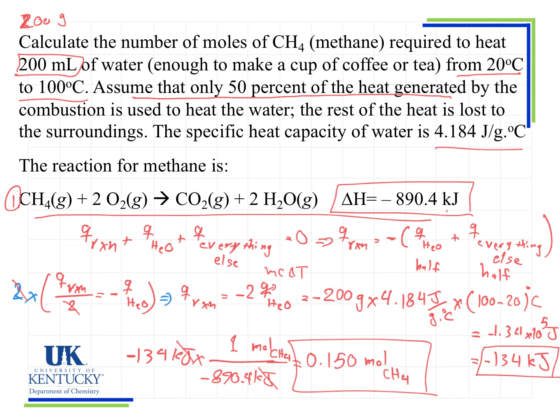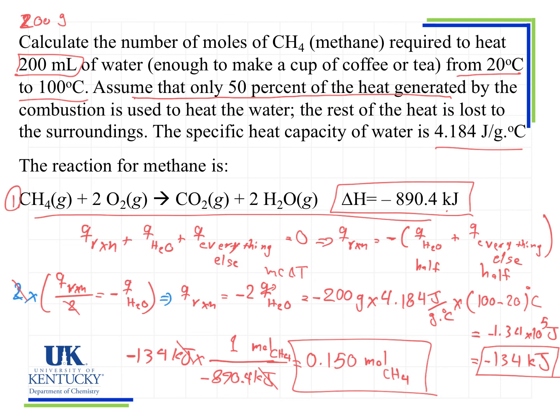Okay, so just go over this question again. We have 200 milliliter of water. We want to increase the temperature from 20 to 100, and that needs some heat. We require this heat from a reaction which is the combustion of methane, that we have the equation here.